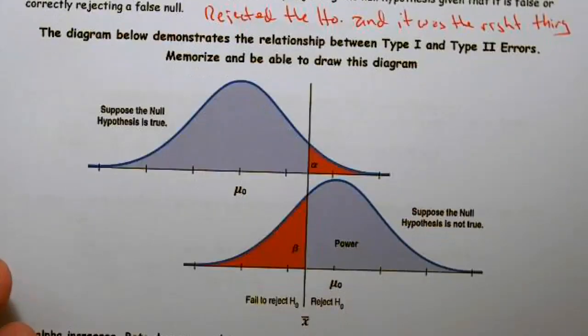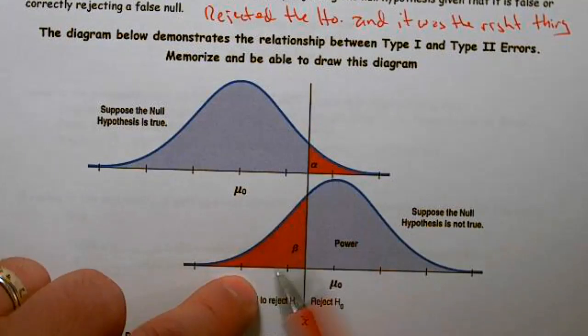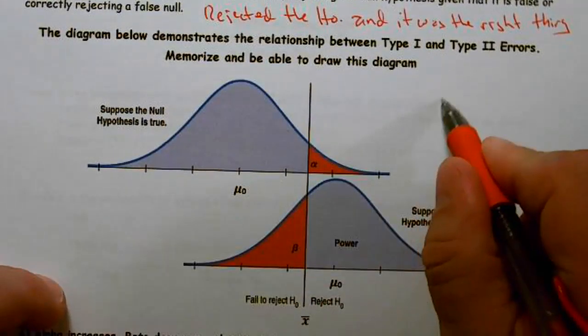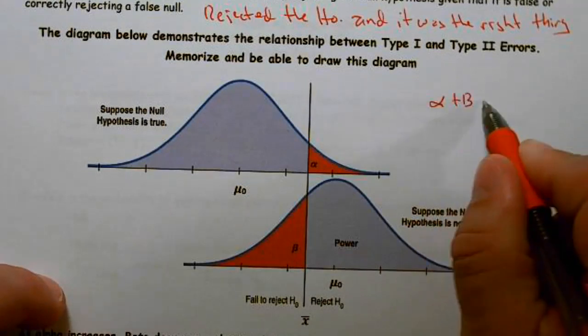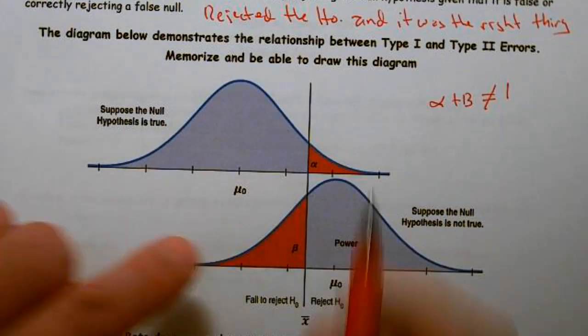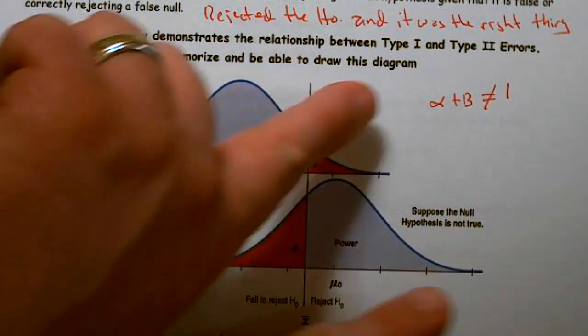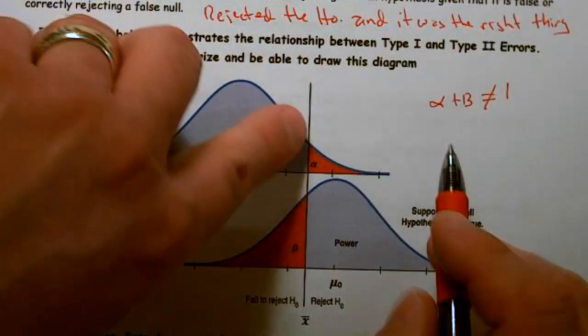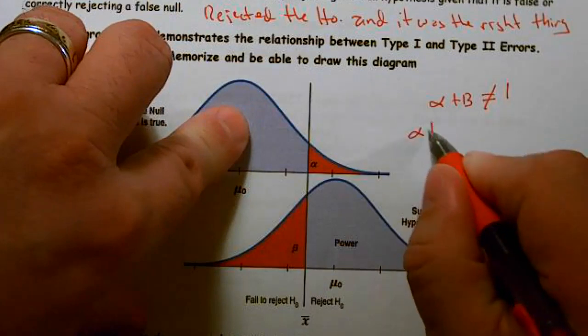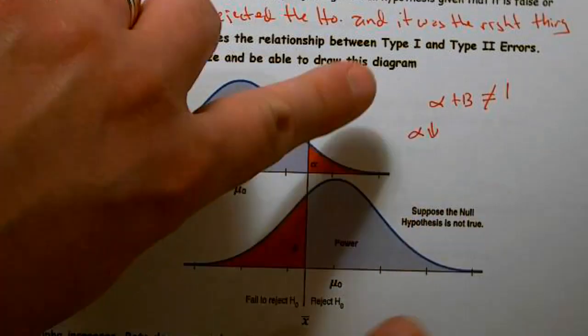All right, so here's the way the diagram works. All I want you to get, first off, if I look at alpha and beta and add those up, it doesn't equal an entire curve. So alpha plus beta does not equal 1. But if I push this way and to the right, alpha gets down. As alpha goes down, what happens to beta below it?